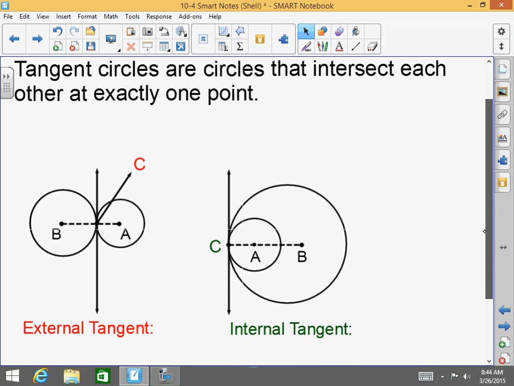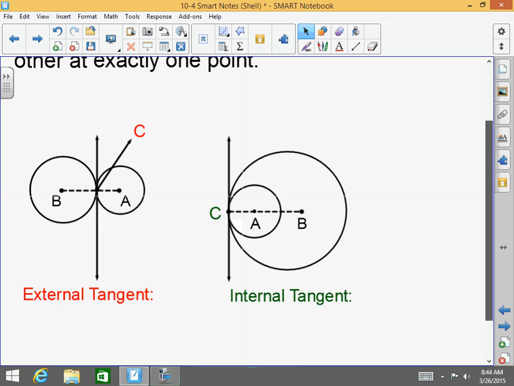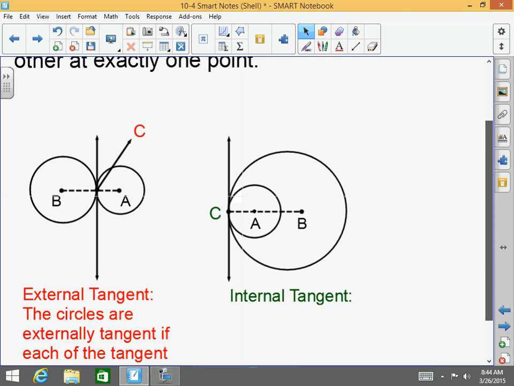Now, there are two types of tangent circles. You have external tangent circles and internal tangent circles. From the drawings here, it's pretty self-explanatory, but you know that I like to explain things all the way.